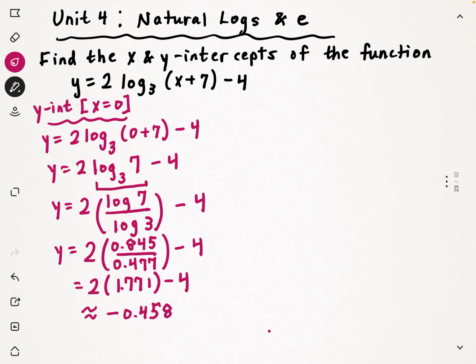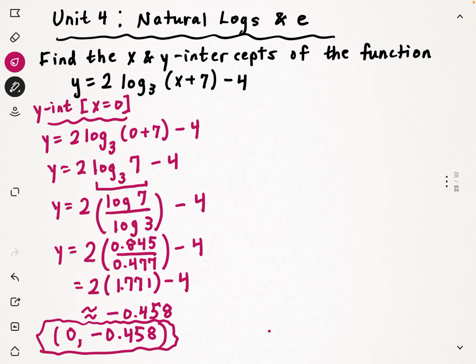Of course, because we're rounding off, that's what it's going to look like. If we express it as a coordinate point, this is your coordinate point right here. And this is your y-intercept that you would definitely not be able to do without the help of a calculator.